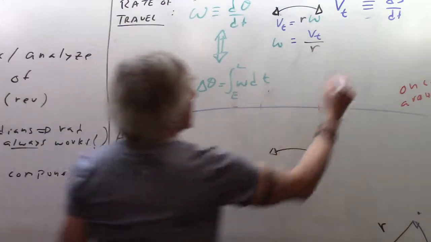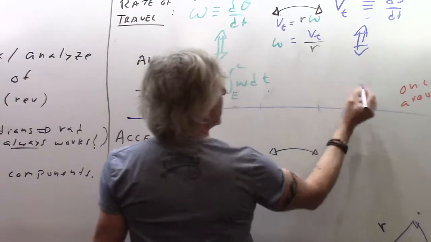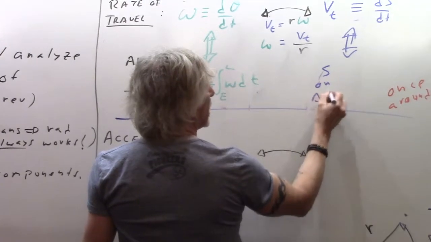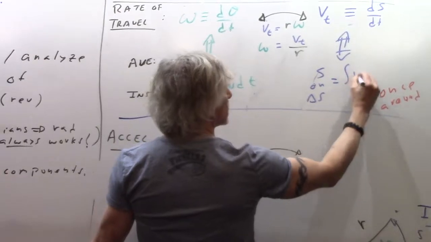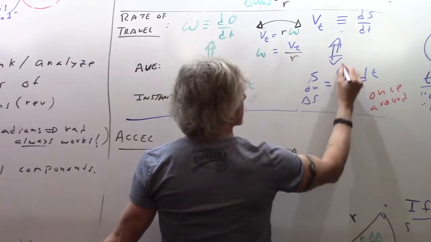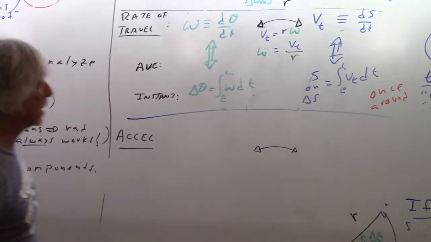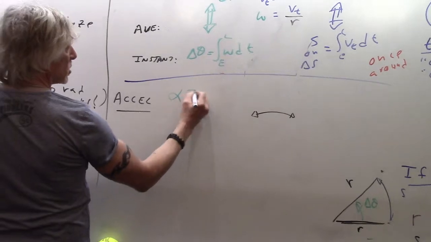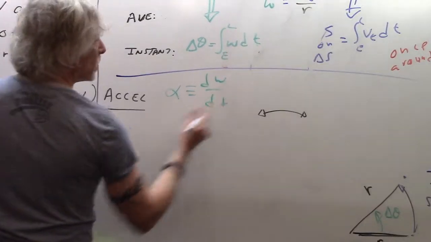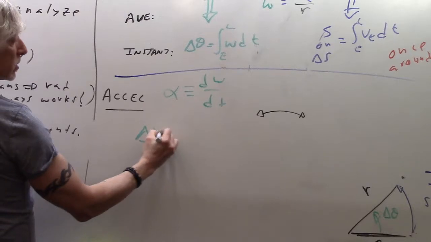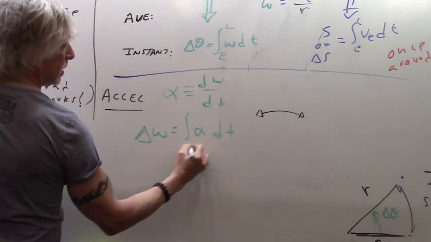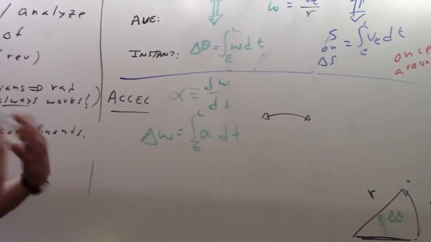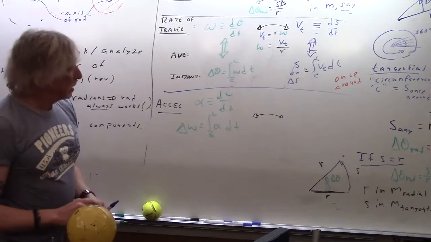And let me remind you that, of course, this is the old school stuff, S or delta S, I just write that because people so often do, is the integral of V tangential dt. Derivative form, integral form, again, common. And then when we go to acceleration, we've done this last one. Acceleration alpha is by definition d omega dt, which can be written in integral form as delta omega is the integral of alpha dt, earlier to later. Same old thing, just writing it in symbols of angular or radian.